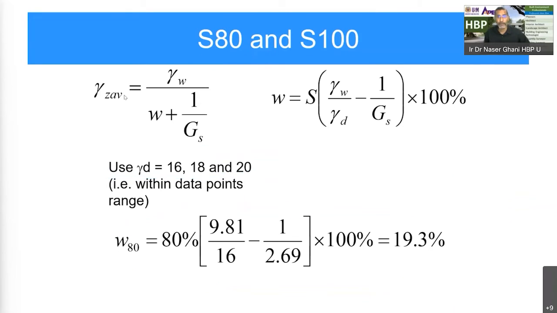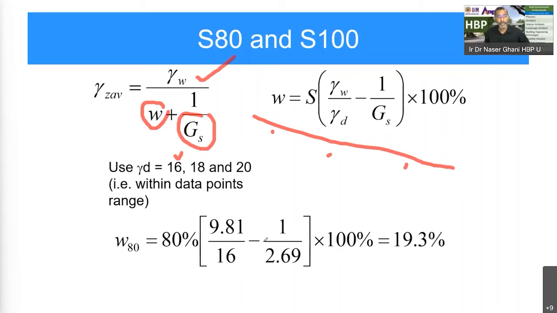So for example, for zero air void, this is the formula. The gamma of water, which is 1, the percentage of water from 16, divide G, the specific gravity. And then we will get the first point for the 16. And then we get for the 18, and then we get for the 20. Then we can draw a line. Same thing here.